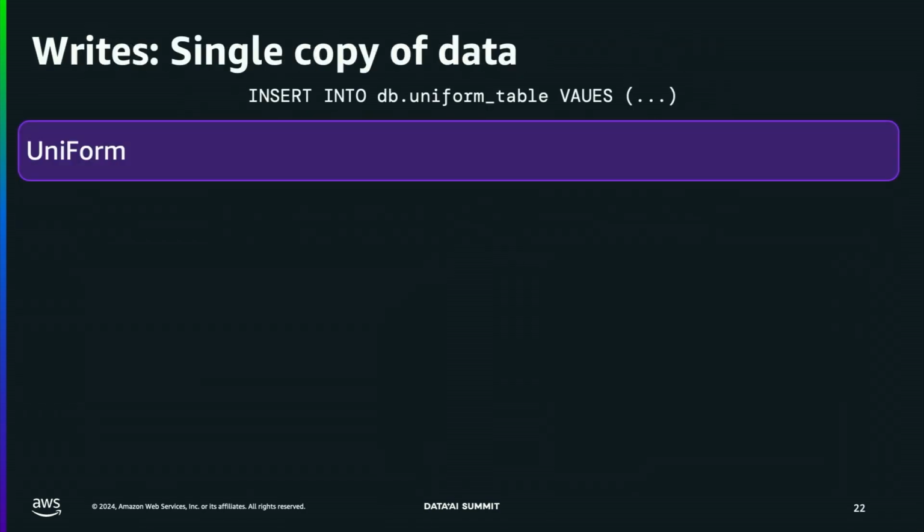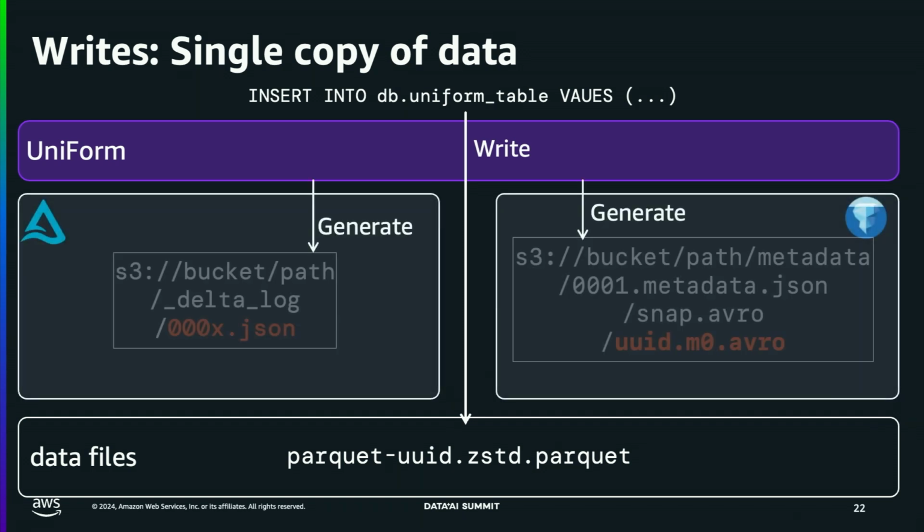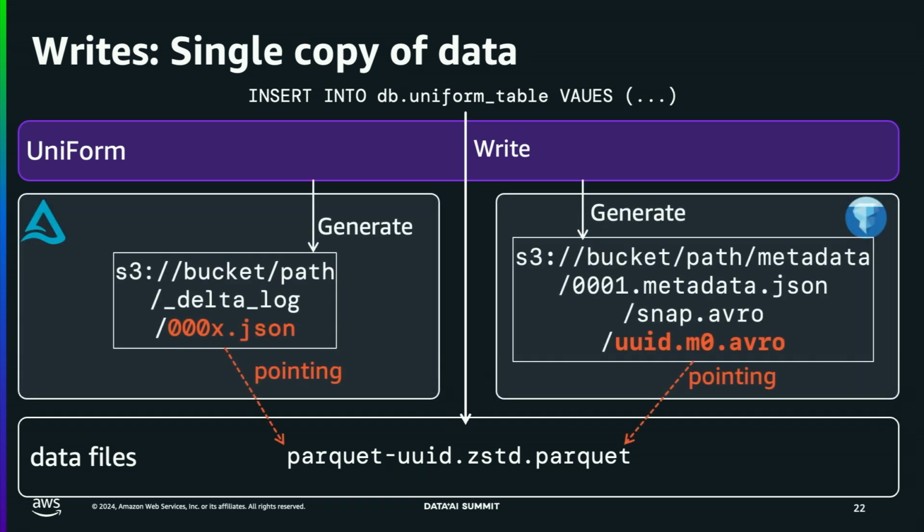After creating a UniForm enabled table, let's write records by running an insert query. Running an insert into query writes the data files in your storage in a selectable format. Here, Parquet with Zstandard compression. Then Delta Lake and Iceberg metadata are generated, both pointing to the same data files.